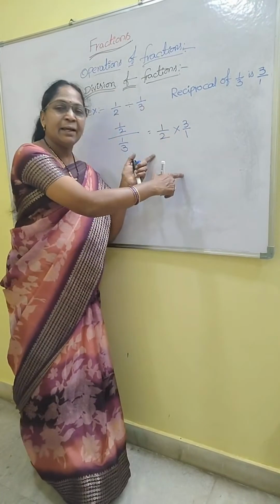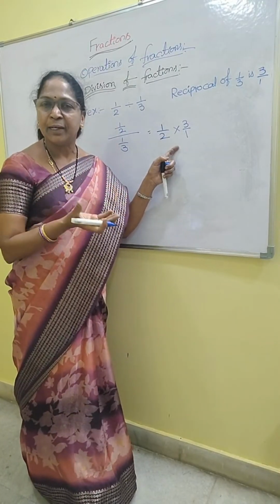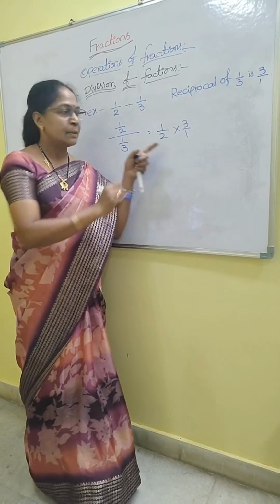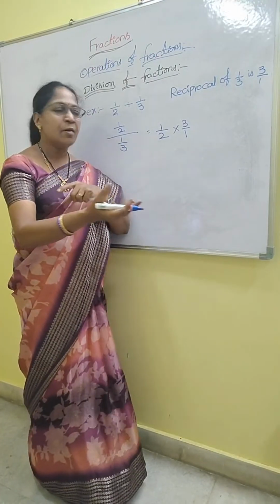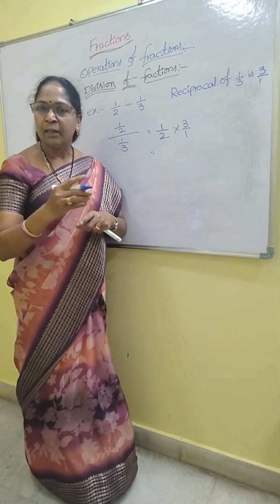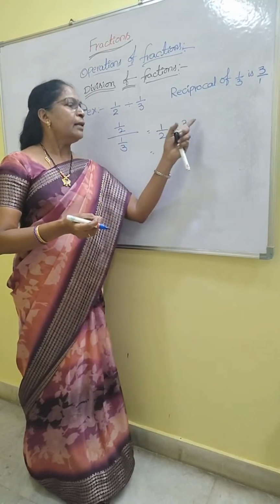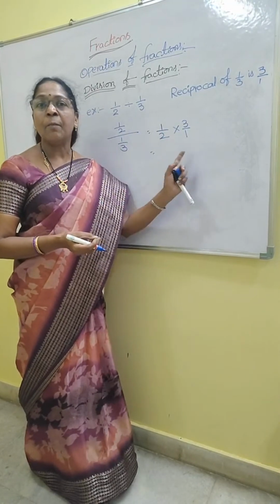Now again here, this is like the previous topic we learned, the multiplication of fractions. After division we get multiplication. Again you have to follow the same procedure. If any cancellation is possible, then you can cancel the terms. Otherwise, directly multiply the numerators together as well as the denominators together.